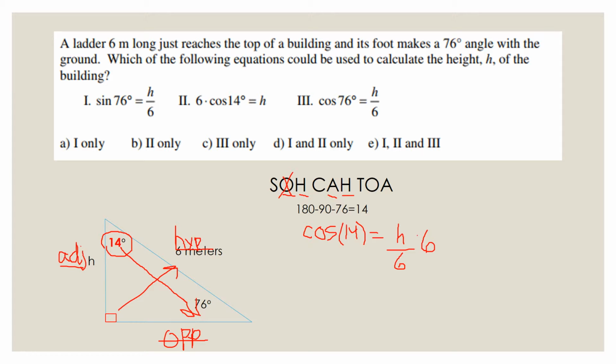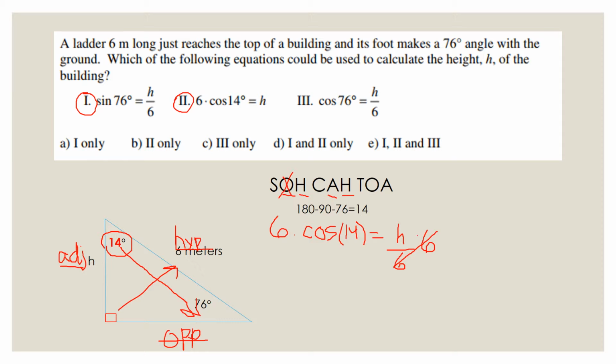So if h is being divided by 6, we are able to multiply both sides by 6, and these 6's over here are going to divide to 1, which just leaves us with 6 times the cosine of 14 is equal to h, which gives us the answer choice of 2.